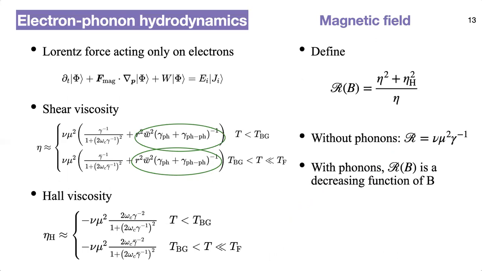So if we define the ratio like this, we see that without phonons, the ratio won't depend on the magnetic field, but with phonons, this ratio is a decreasing function of the magnetic field. And this phenomenon can serve as a protocol for experiments to see the electron-phonon hydrodynamics.